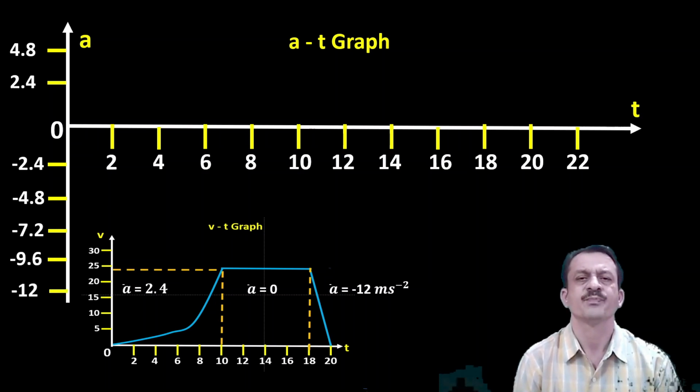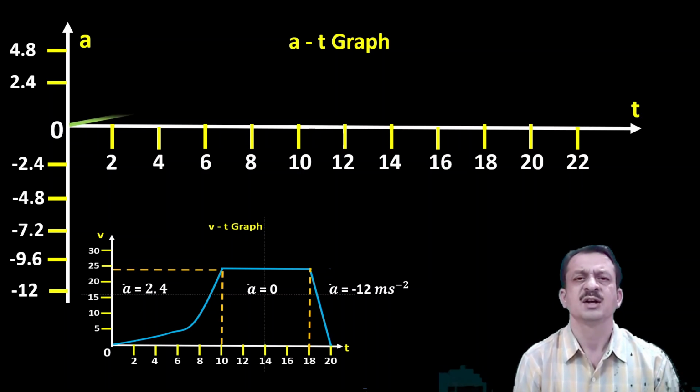Now as compared to the vt graph, from 0 to 10 second, what is the average acceleration? We are having 2.4 meter per second square. So therefore, in the at graph, we have to draw a straight line from origin to the 2.4 corresponding to the 10th second.